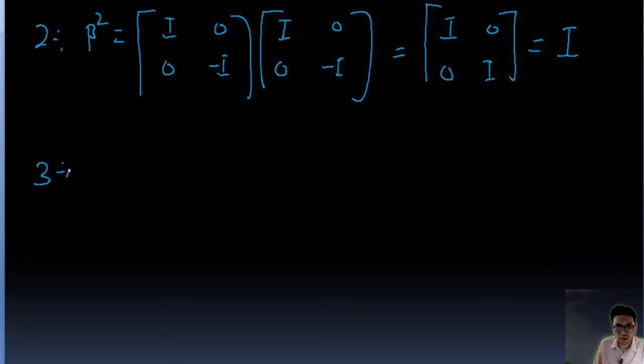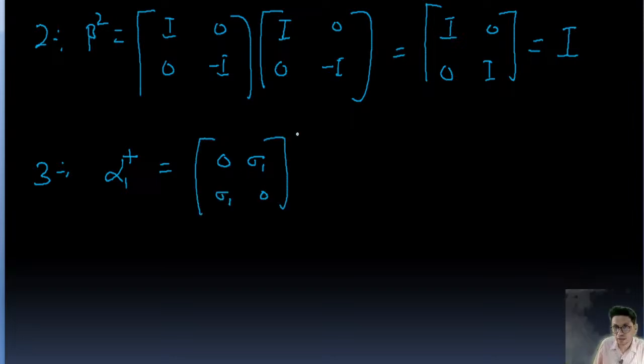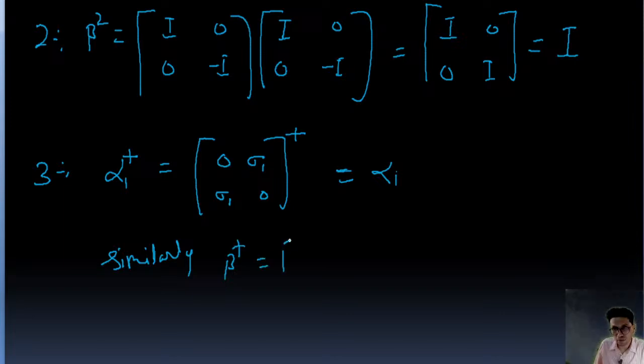Property number three. That is alpha_i dagger. Alpha_i dagger means the matrix 0, sigma_i, sigma_i, 0, dagger, and this value is going to be equal to alpha_i. Similarly, beta dagger is equal to beta.